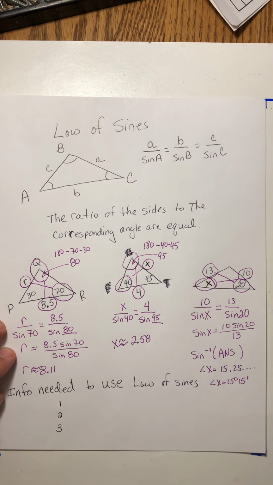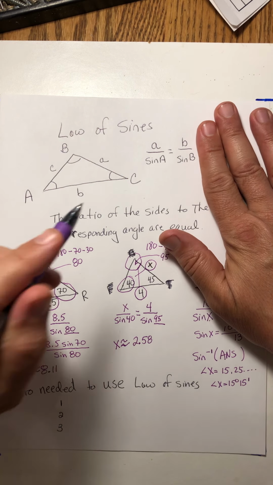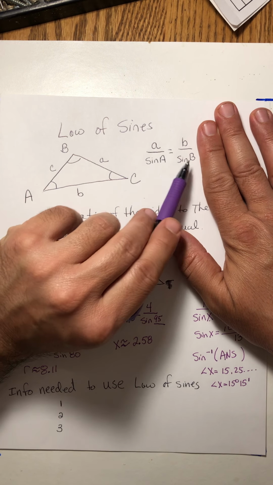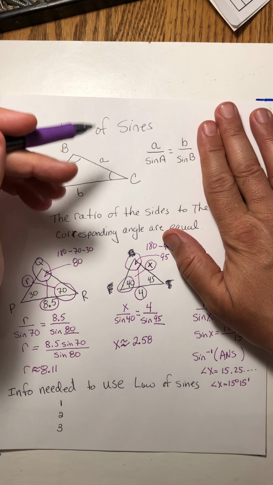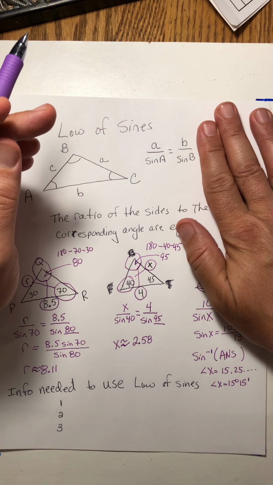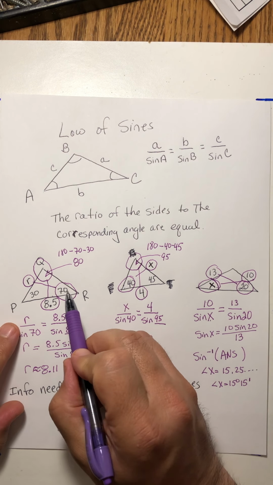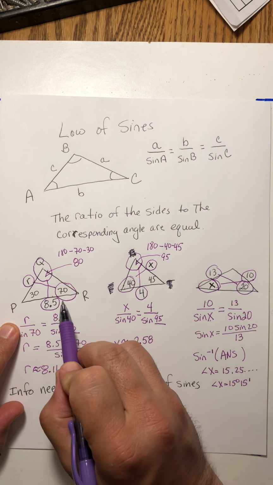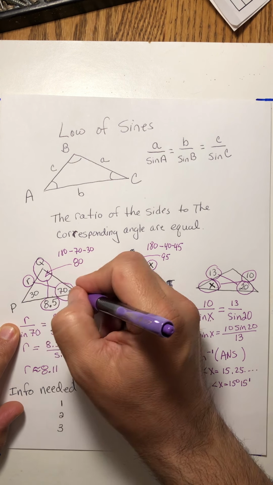Now, what information did we have in order for us to use the law of sines? Well, if you look at the formula, I'm going to cover this one up. I have two sides and I have two angles, but they have to be in a certain order and a certain position. Yes, that goes back to your geometry days. In geometry, what you are looking at right here is two angles.